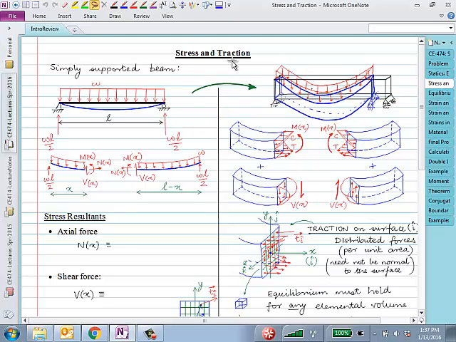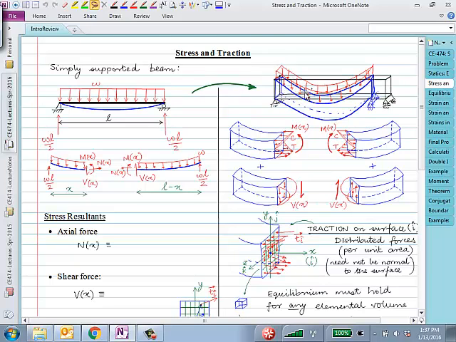We need to realize that when we are trying to solve problems like this, like any structure analysis problem, we are used to drawing these beams like lines. But really what is happening is there is a three-dimensional underlying structure that is deforming.